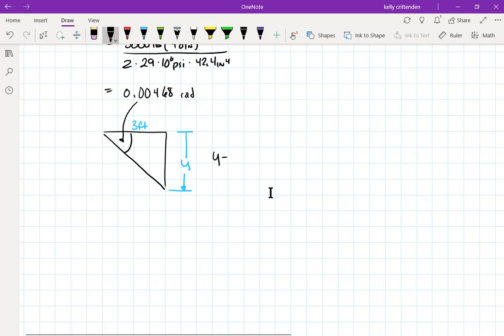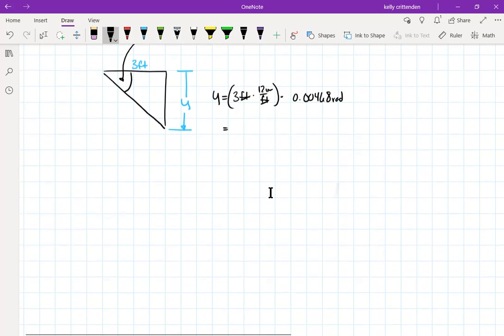So y equals 3 feet times 12 inches per foot times 0.00468 radians, and that'll give me that side of the triangle. You might be better off thinking of that as an arc length.